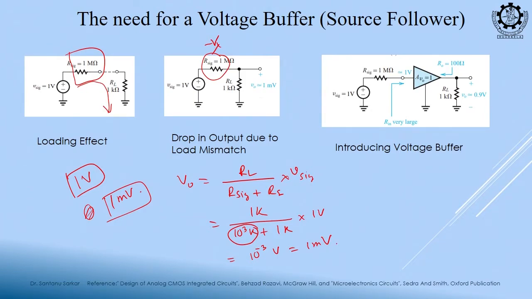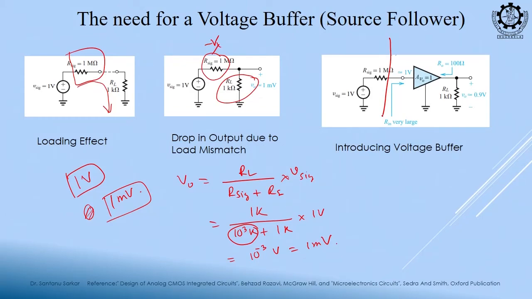So, I have two solutions. One solution is that my load resistance should be comparably higher, so that this ratio should be balanced, right. Now, this is not happening, but still my requirement is that I should deliver 1 volt.